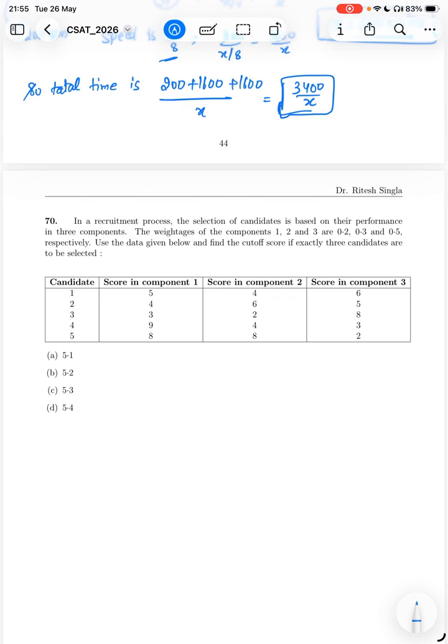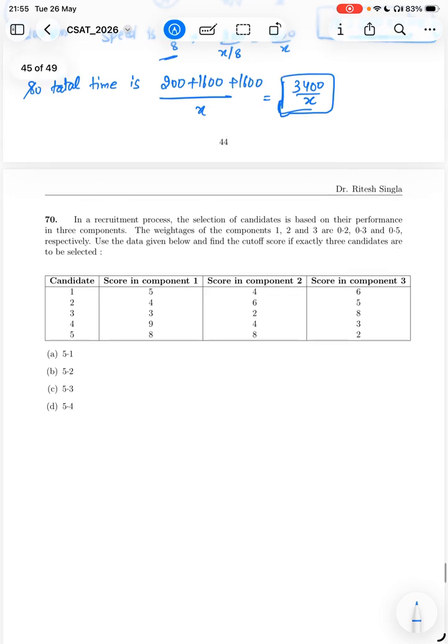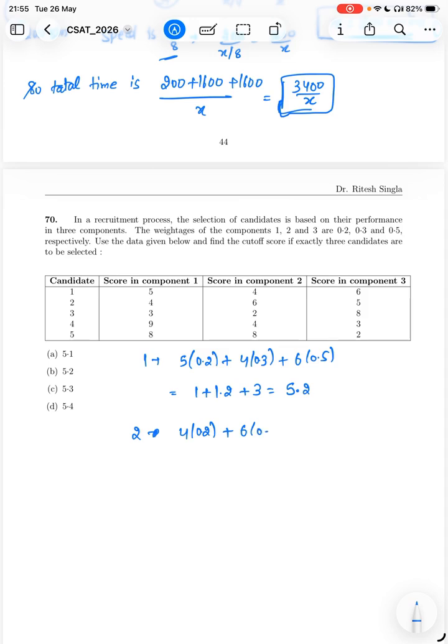So let us find how much each candidate is scoring. Candidate 1 will be scoring 5 into 0.2 plus 4 into 0.3 plus 6 into 0.5, which will be 1 plus 1.2 plus 3, which is 5.2. Similarly, for candidate 2, it is 4 into 0.2 plus 6 into 0.3 plus 5 into 0.5, which is 0.8 plus 1.8 plus 2.5.